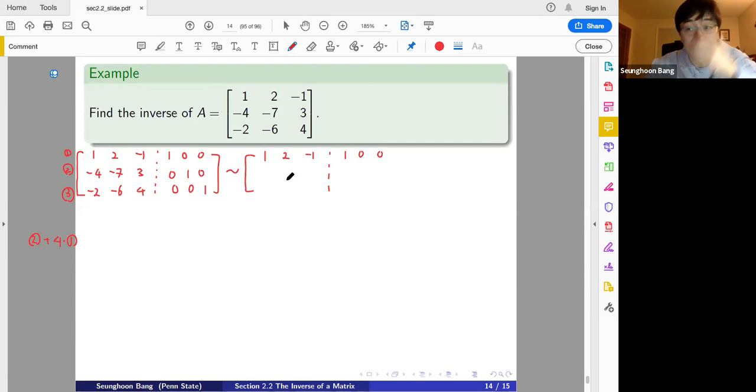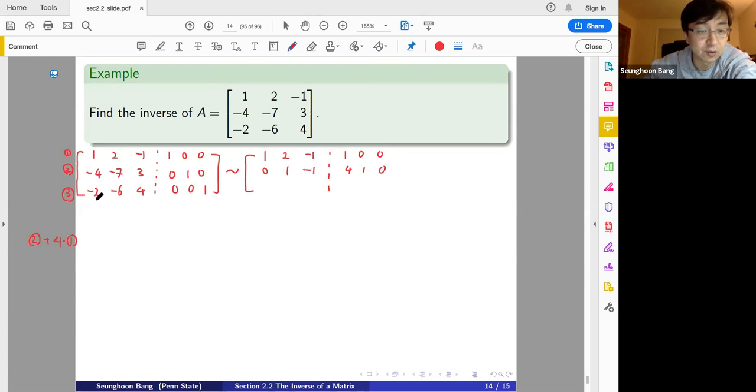For the second row, the -4 plus 4 is 0. The 4 times 2 equals 8. 8 minus 7 is 1. The negative 4 plus 3 is -1. The 4 times 1 is 4. Right? And 1 plus 0 is 1, and 0. So we have this.